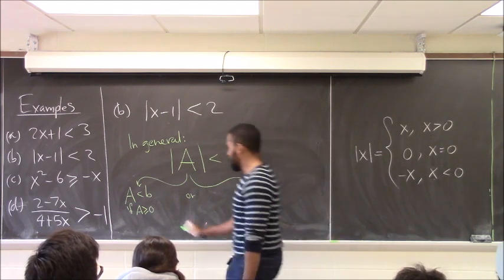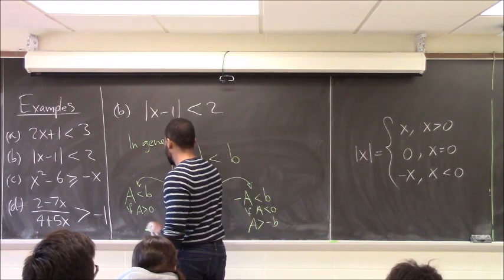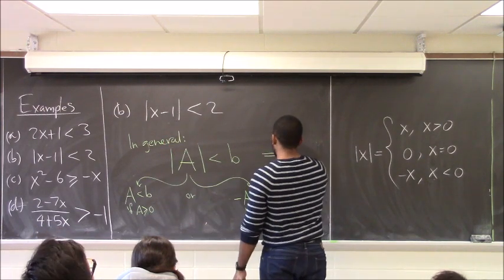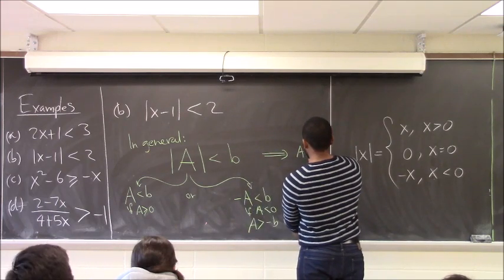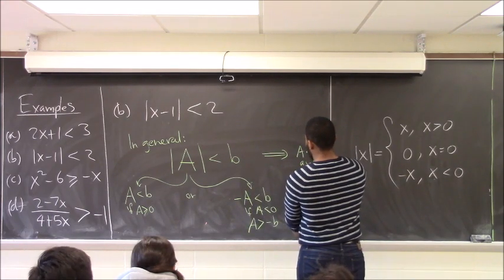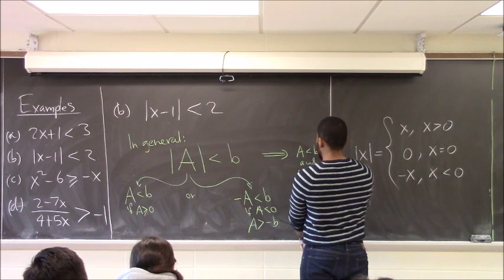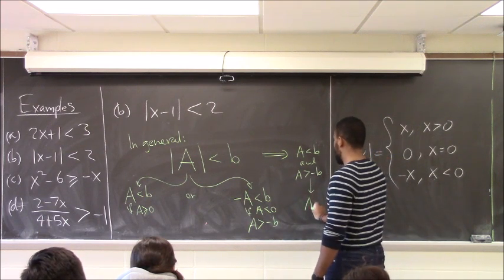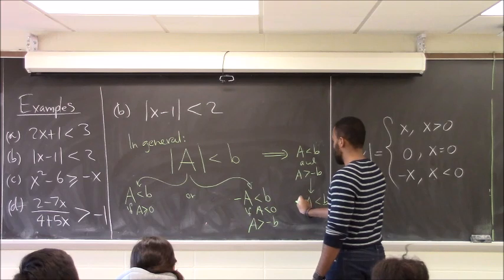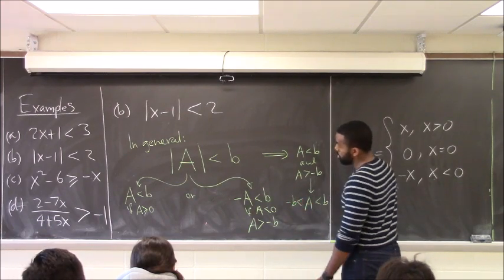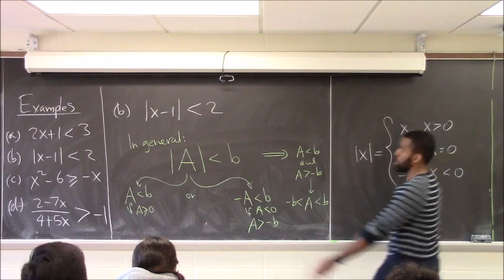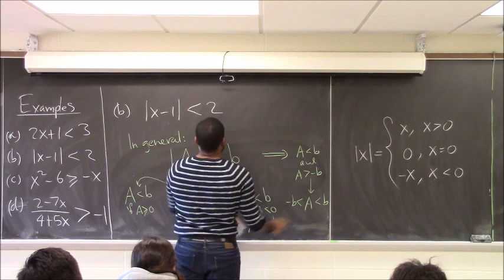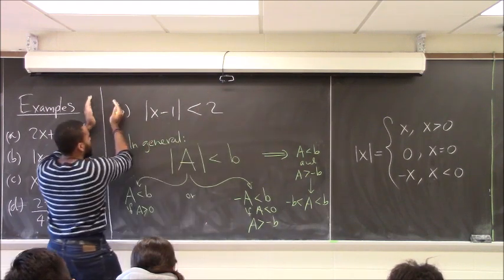So ultimately I can say A is less than B, and at the same time, A must be greater than negative B. I can put both of these together and say that A is less than B, but larger than negative B. So whenever you have an absolute value expression less than some other expression, you can open it up and make it into a double inequality, where you just take this and put the negative of that on the other side.